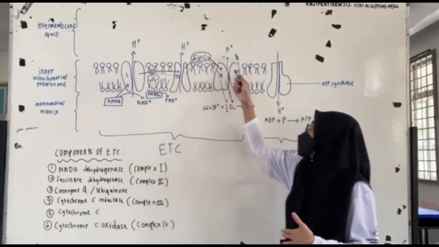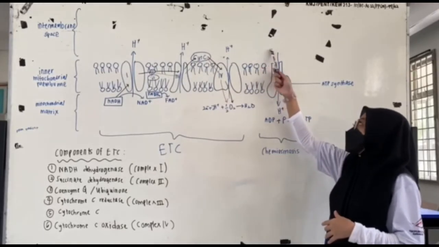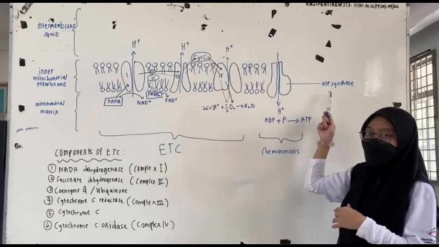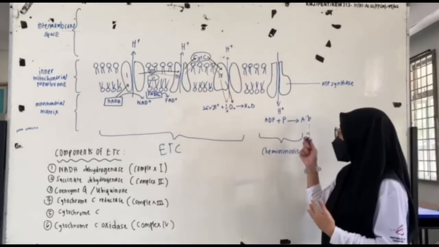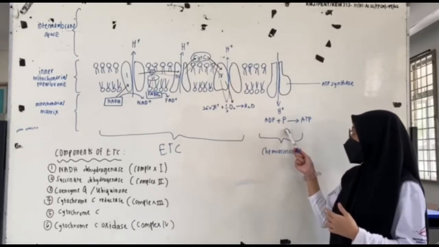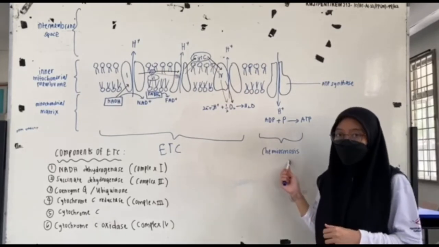So, when H plus flows back into the mitochondrial matrix through ATP synthase, it will activate and phosphorylate ADP plus phosphate to become ATP. So, that's the process of chemiosmosis.